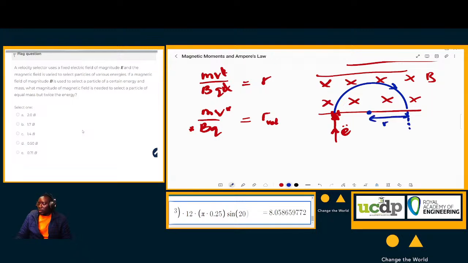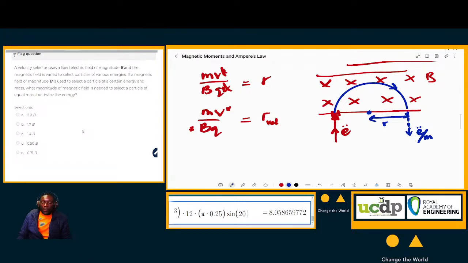So at this point, we exit particles of a certain charge to mass ratio. So if it's electrons, it's the electron charge over the mass of electrons. Otherwise, if there are other particles, then it is only particles of this charge to mass ratio that will emanate from that point with a certain velocity. So this is basically the basis of our velocity selector.